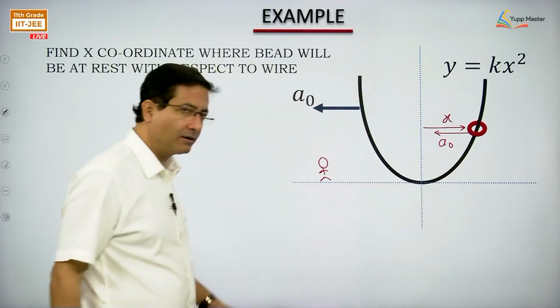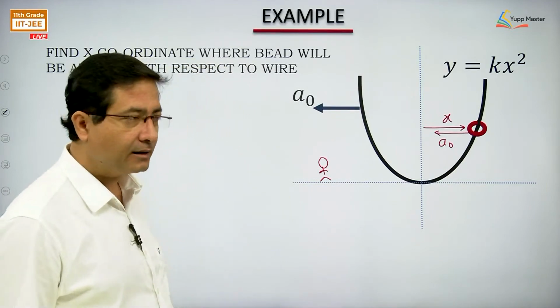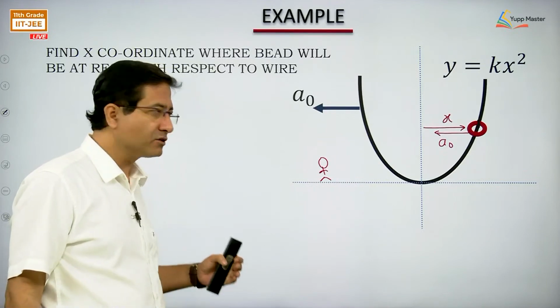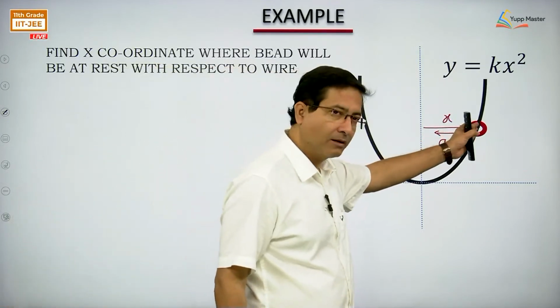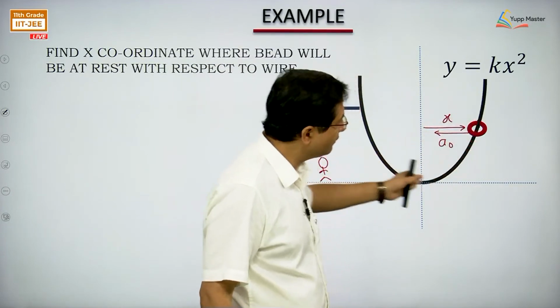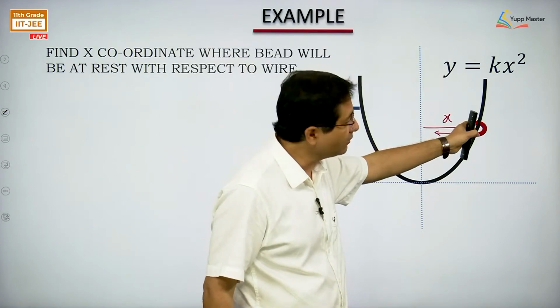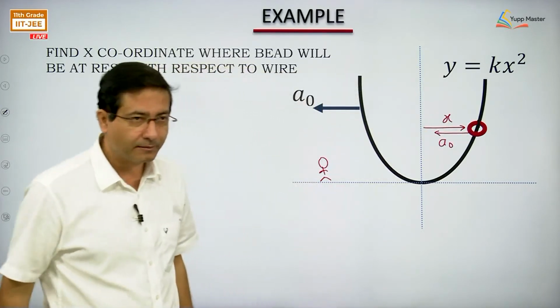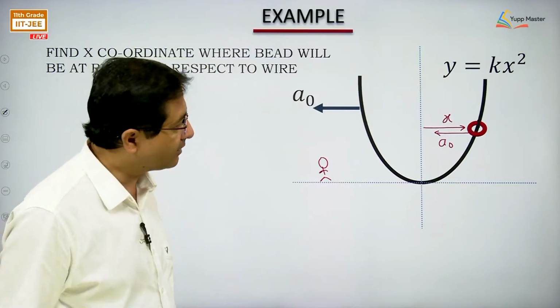So I'll draw all the forces on the bead, and along the x direction I'll apply Newton's second law, F is equal to ma0, and in the y direction, as the bead is not moving with respect to the wire, it will be at a fixed location. So the bead keeps moving in the horizontal direction.